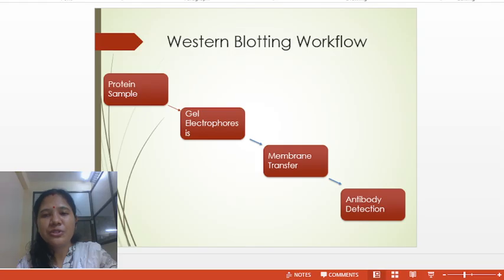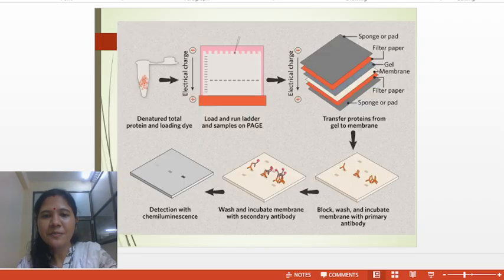So this is the flow chart of the Western blotting technique in short. The protein sample will be run through gel electrophoresis, then transferred onto the membrane, and finally detected with the antibody. Here is the structure with more clarification. The denatured total protein will be loaded with the loading dye into the gel electrophoresis, and we run the gel in a system so that the proteins are separated in the gel.